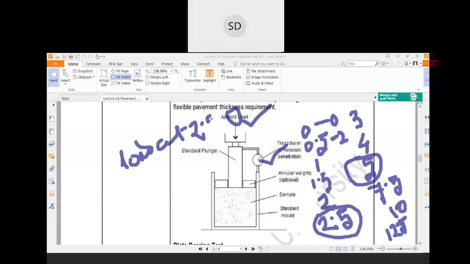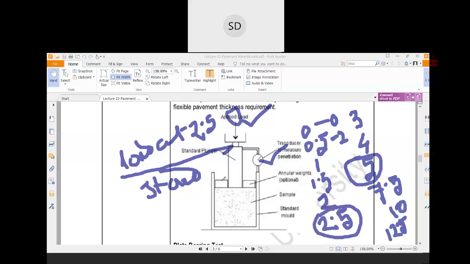Your CBR value would be the load at 2.5 mm penetration divided by standard load. There are some standard load values provided by the code. For example, the standard load value for the 2.5 mm penetration is 1370 kg, and for the 5 mm penetration is 2055 kg.